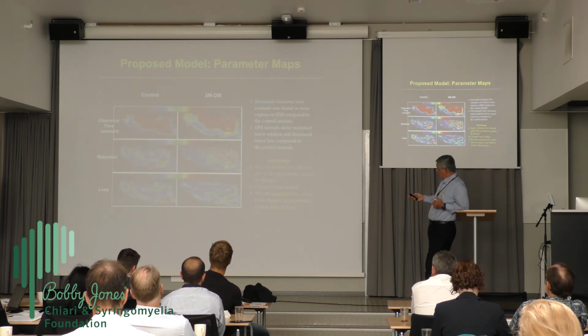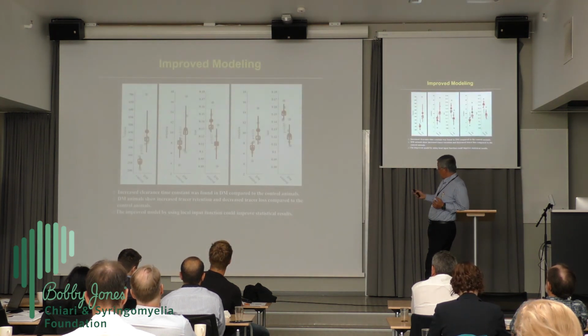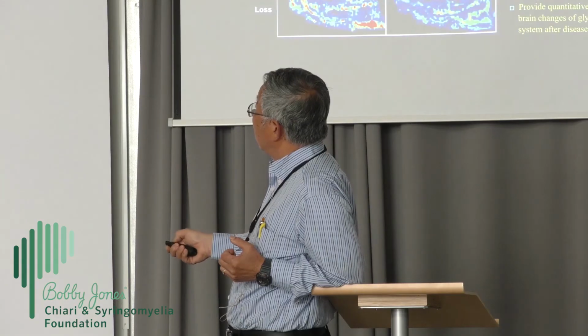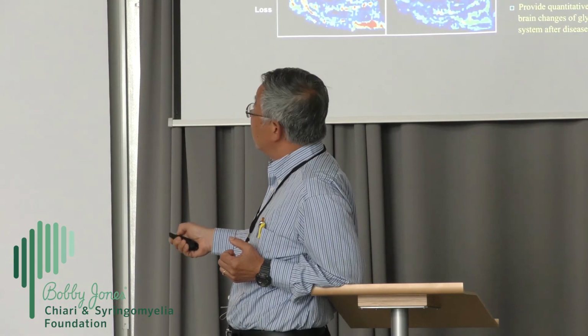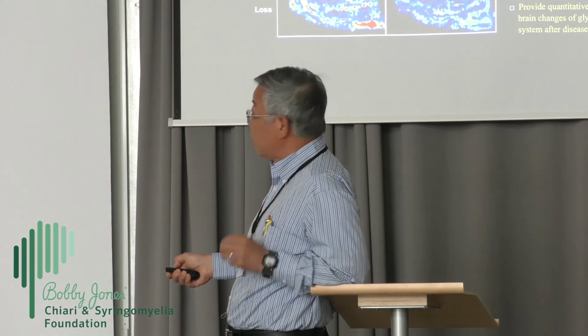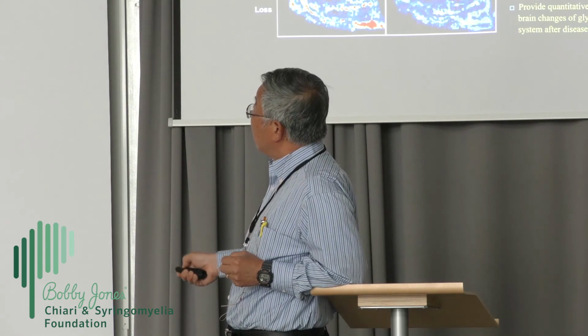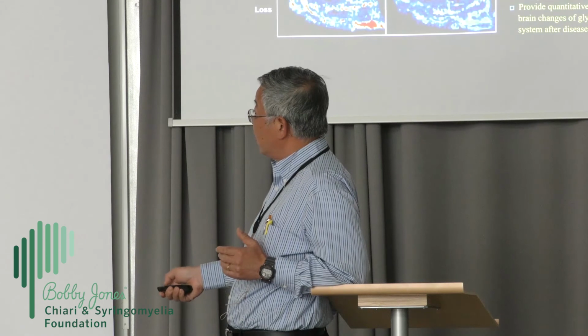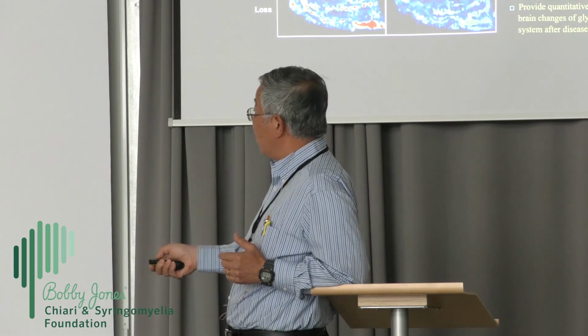For the clearance constant, you can see diabetes spends more time to clean. Retention is basically binding in tissue, and diabetes also has more binding. Loss is clearance, and the control has more.